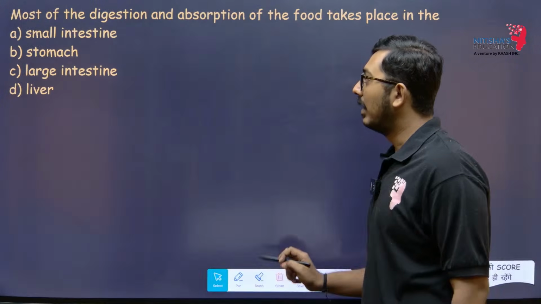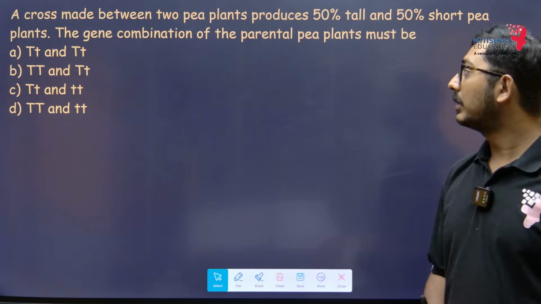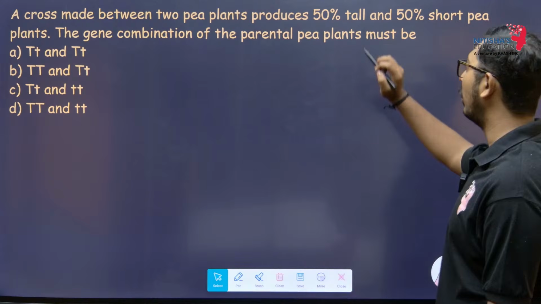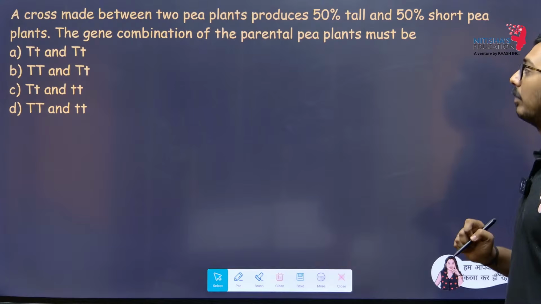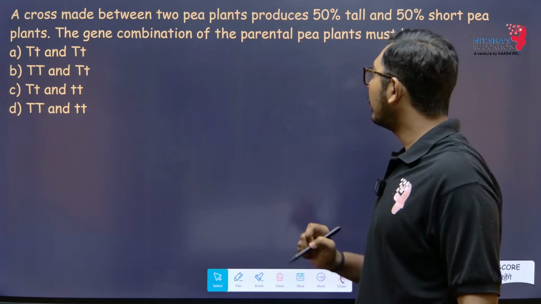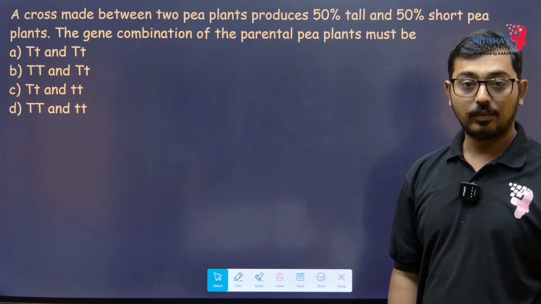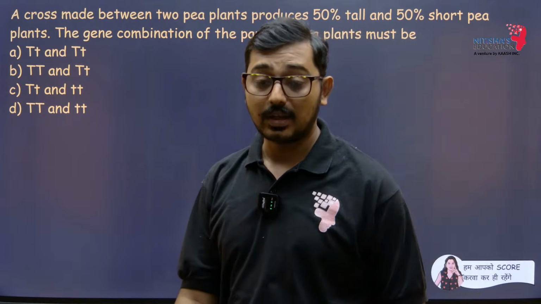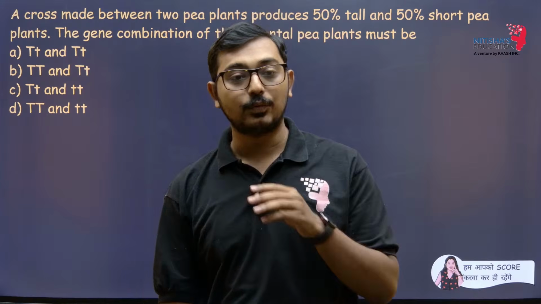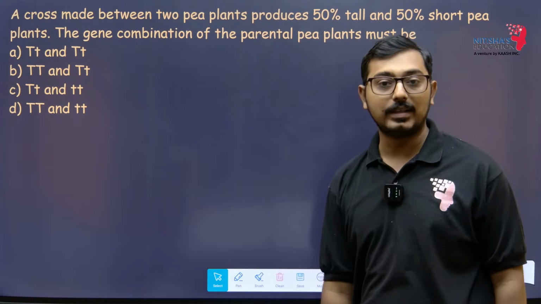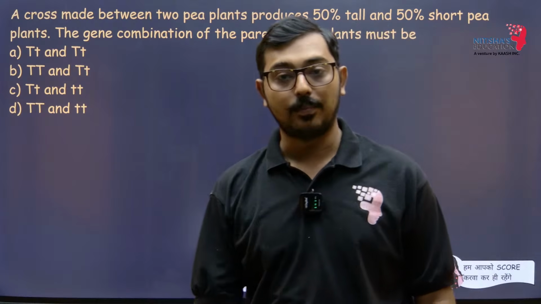Next, the cross made between two pea plants produces 50% tall plants and 50% short pea plants. The gene combination for the parental pea plants must be which? Which kind of plants should be taken in order to get a result of 50% tall plants and 50% short plants?